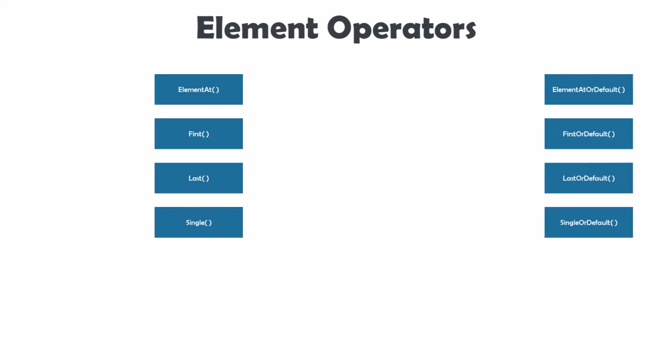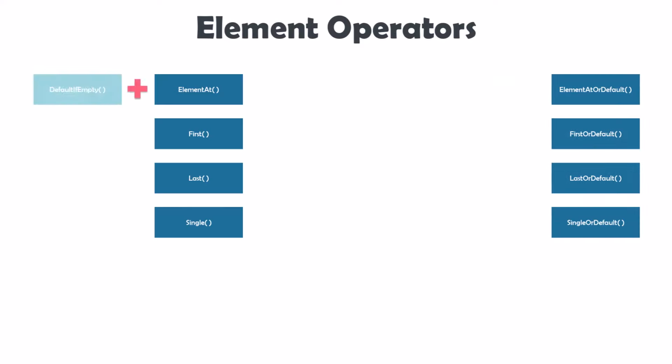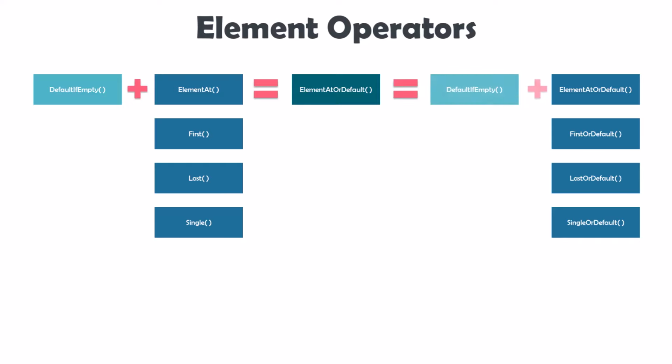What does the combination mean? We have the ElementAt operator. If we use it with the DefaultIfEmpty operator, it is exactly the same as if we use the ElementAtOrDefault operator. This operator is also exactly the same if we use it with DefaultIfEmpty. It means we could use each operator with DefaultIfEmpty, and the functionality is the same. The same also for the other operators.